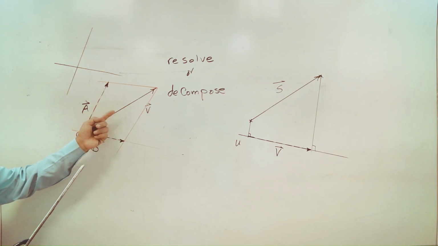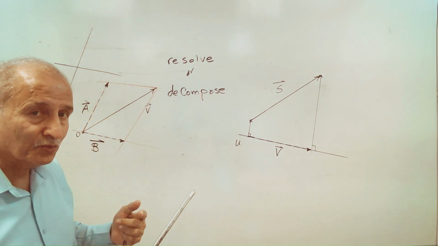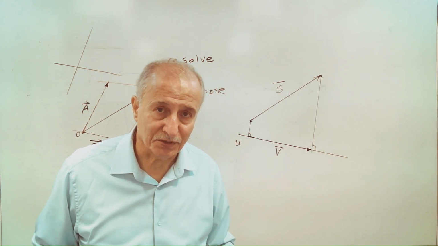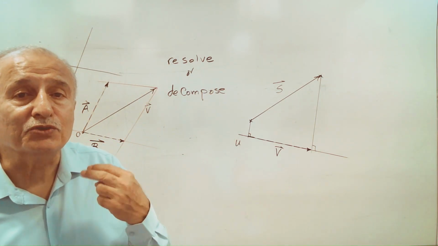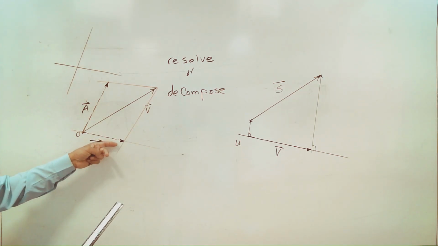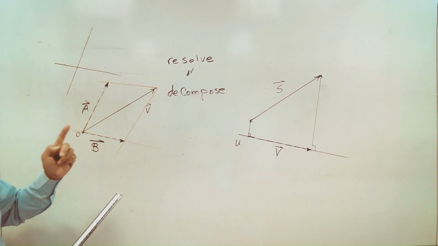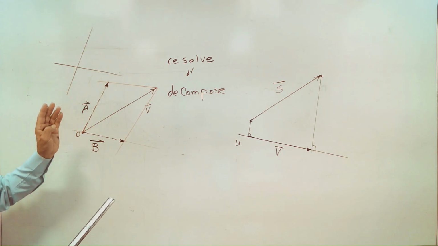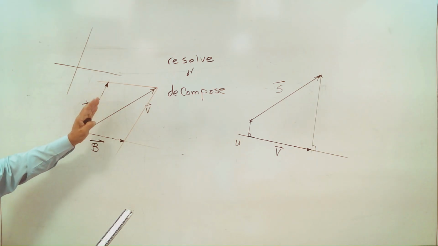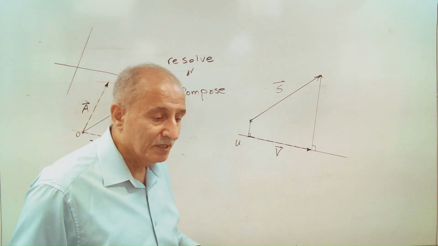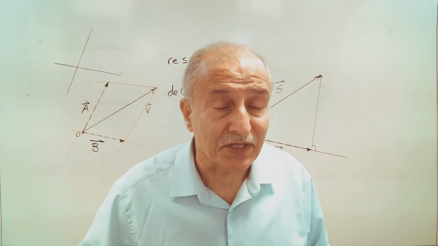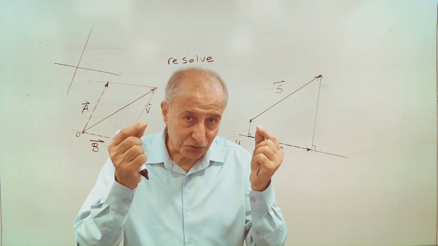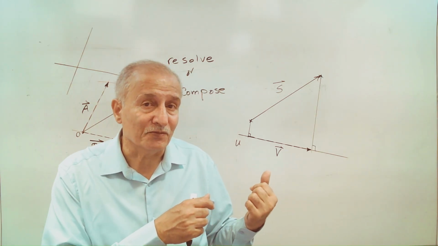When a force, which is a vector, is acting on a body in any direction, and you resolve it into two components, this force and this force, then you must select either the force V acting on the body or its components acting on the body. You don't have three vectors here. That's why it's important that we show them with dash. Dash means you must consider these two, or consider this one as a solid line.